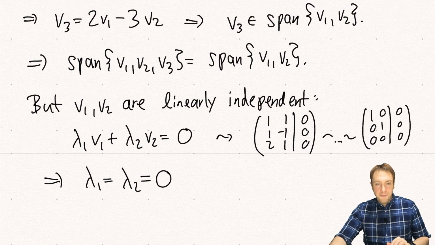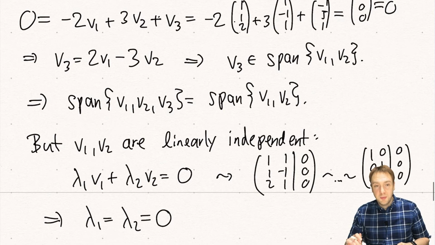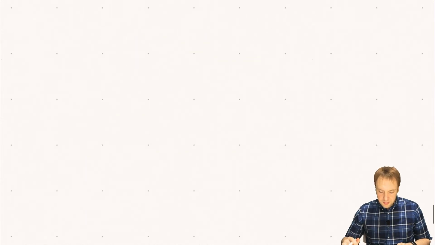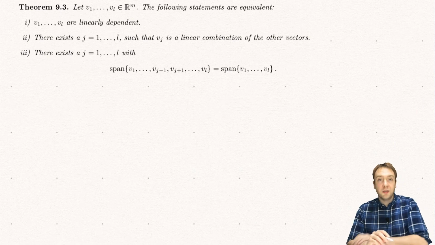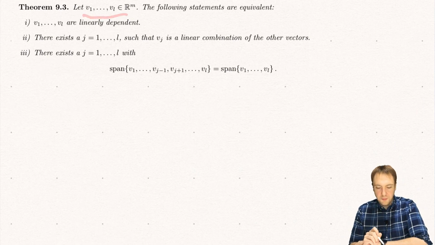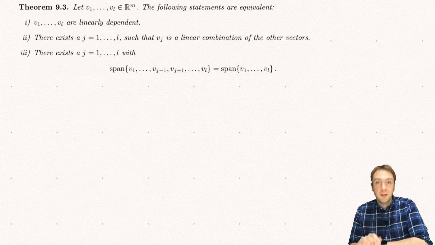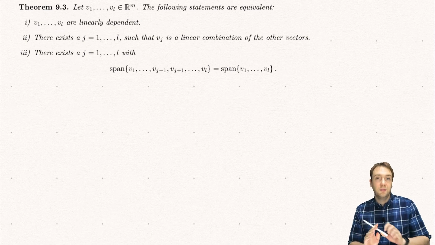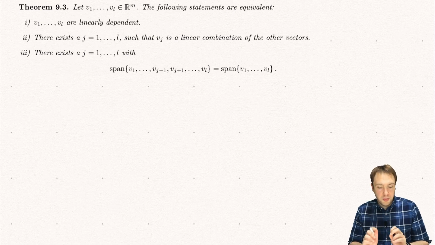And so in this example, we can now summarize what we did in the following theorem. If I have a collection of vectors, v1 up to vl, then the following three statements are equivalent. The first statement is that these vectors are linearly dependent, meaning I can find a solution of this equation where some of these lambdas are not 0.